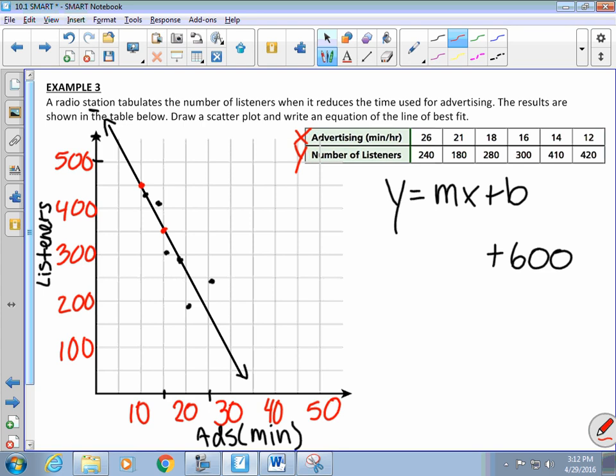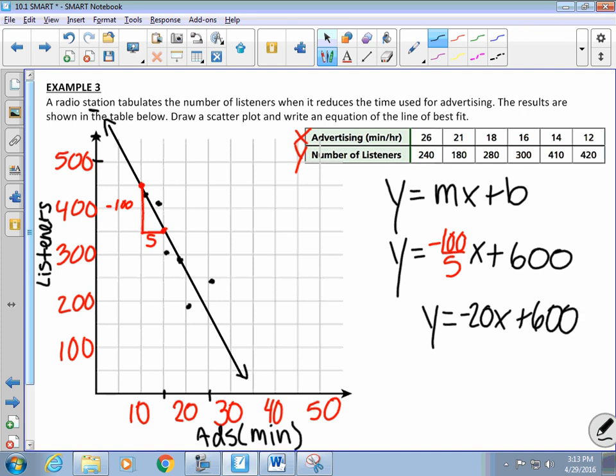So I'm going down 2 boxes, which represents 100, and then over one box, and that one box is representing 5. And so my slope would be negative 100 over 5. So y equals negative 100 over 5x plus 600. I could simplify that down to negative 20x plus 600.